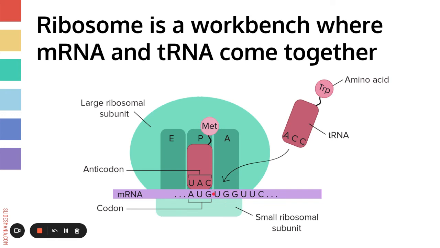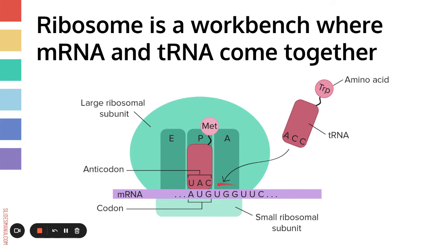So our next codon here is UGG, and that's going to be complementary to this anticodon right here. So U matches with A, G matches with C, and G matches with C. So this tRNA with the ACC anticodon is going to sit down next, and it's carrying this TRP, tryptophan amino acid.